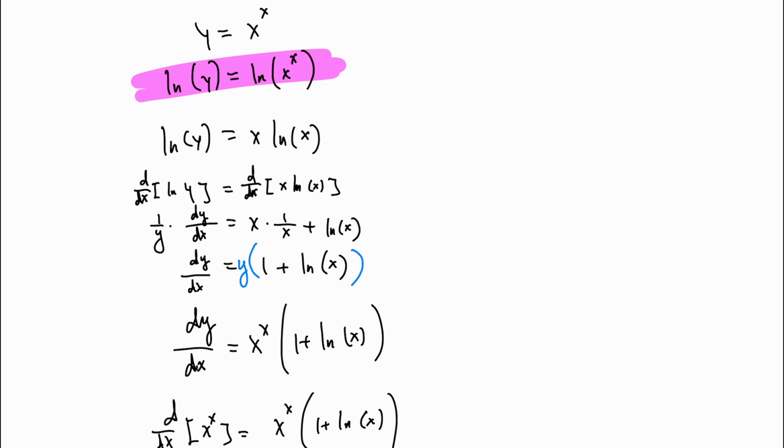This is very hard to think of alone, but it is actually a very smart way of differentiating x to the x, or even x to the x to the x. And you might want to try that.